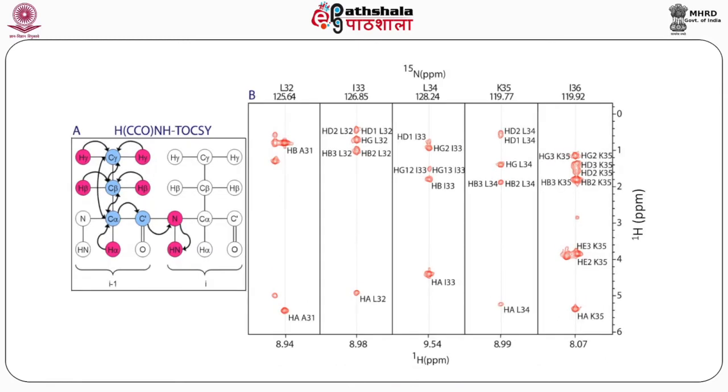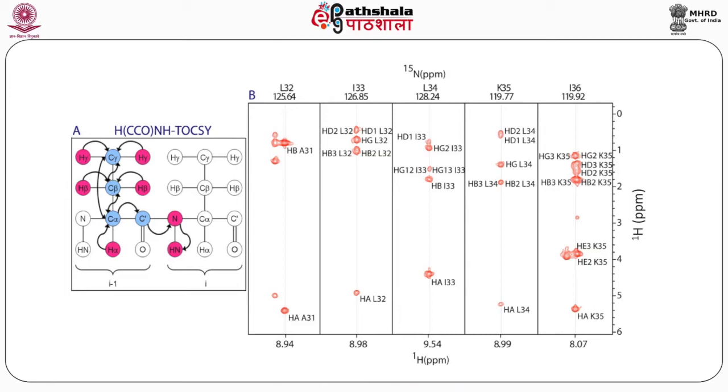So, here we see the strips from L32, I33, L34, K35 and I36, and on the left we see a schematic for the HCCH-TOCSY experiment. In red you can see that Hn is linked to its own N, and then from N to the preceding carbonyl, from the preceding carbonyl to the C alpha, C betas and C gammas, so that you have the carbon TOCSY, and then from there you have the H alpha, H beta and H gamma.